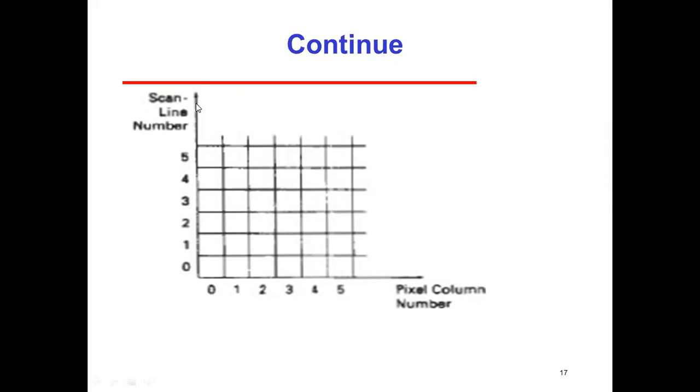This is called the scan line number, and this is the pixel column number. So this is the x axis and this is the y axis, the vertical axis. In a similar fashion we can draw the graph. This is a plot between x and y. This is called the origin 0 0, and we can proceed similarly.